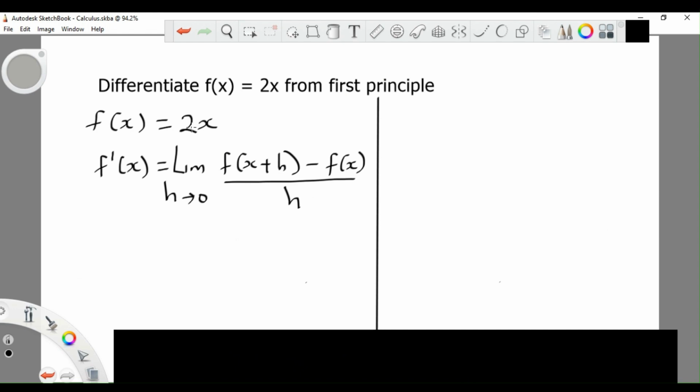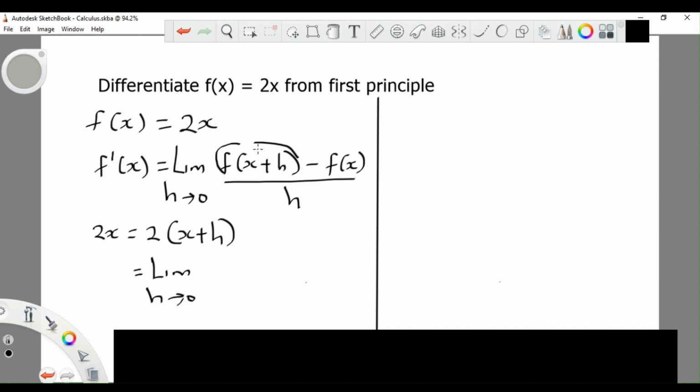Remember, I said earlier on that if you have 2x, 2x becomes 2 open bracket x plus h. So therefore, this equation becomes 2 times x plus h. So therefore we have our limit.